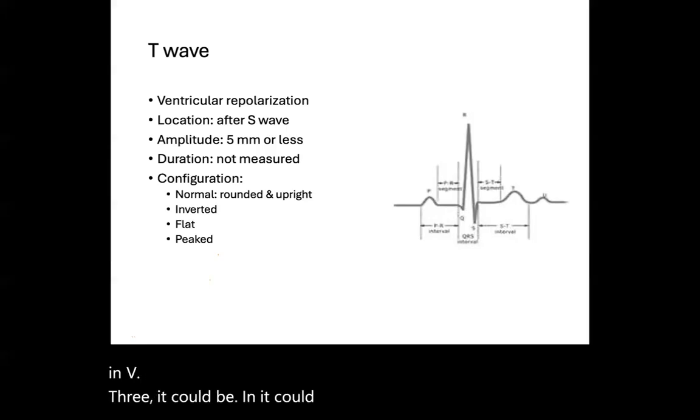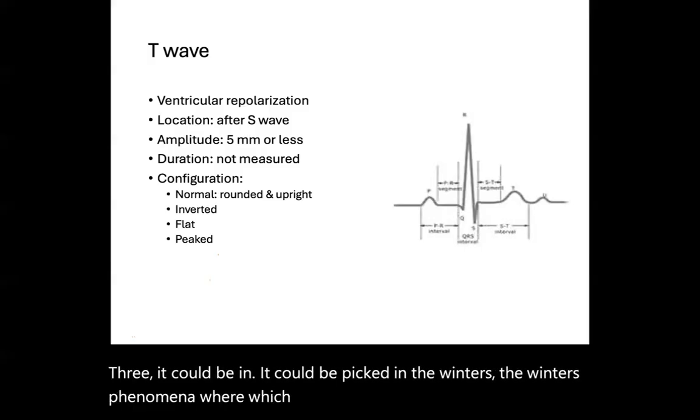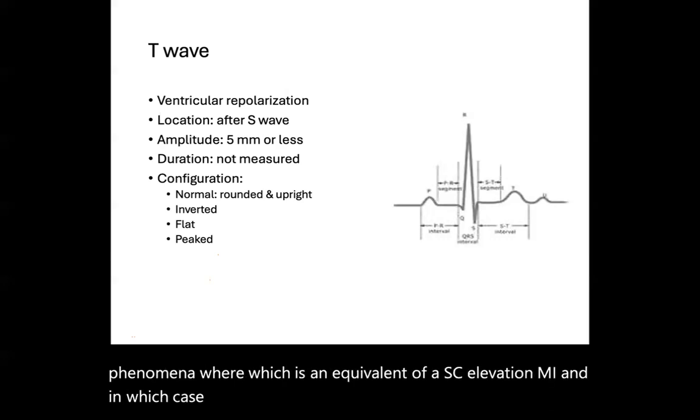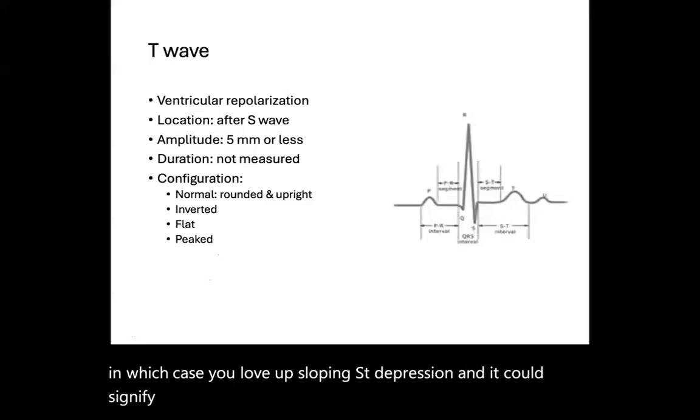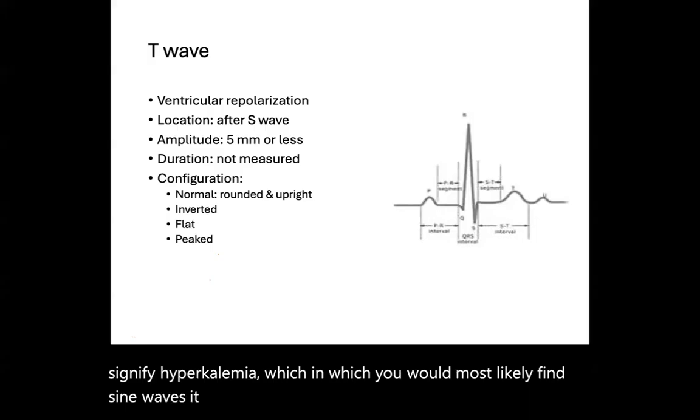It could be peaked in De Winter's phenomenon, which is an equivalent of an ST elevation MI, in which case you'll have upsloping ST depression. And it could signify hyperkalemia, in which you would most likely find sine waves. It could be flat in hypokalemia or even in hypomagnesemia.